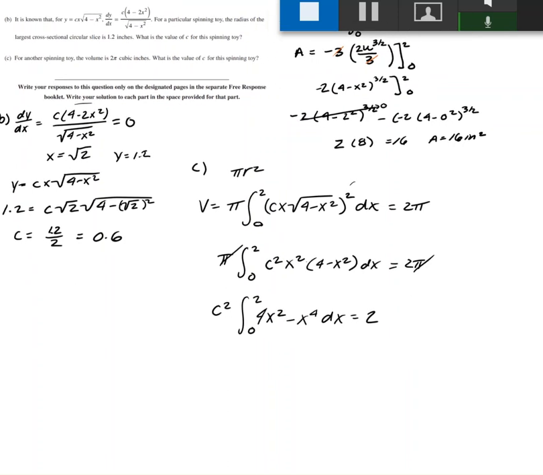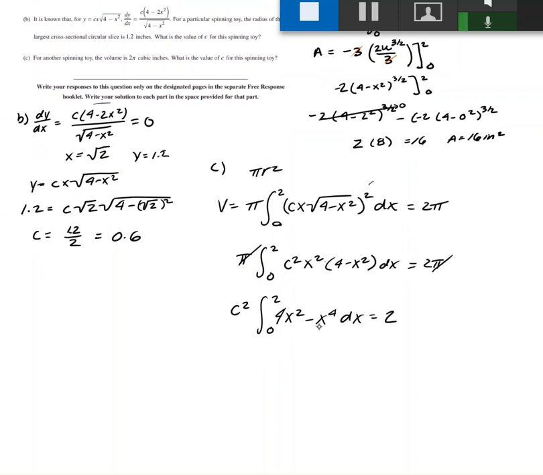And then if we find the antiderivative of this right here, that'll give us 4x to the 3rd over 3 minus x to the 5th over 5, right? And then that's all times c squared. And we're going to integrate that from 0 to 2. That equals 2, right?